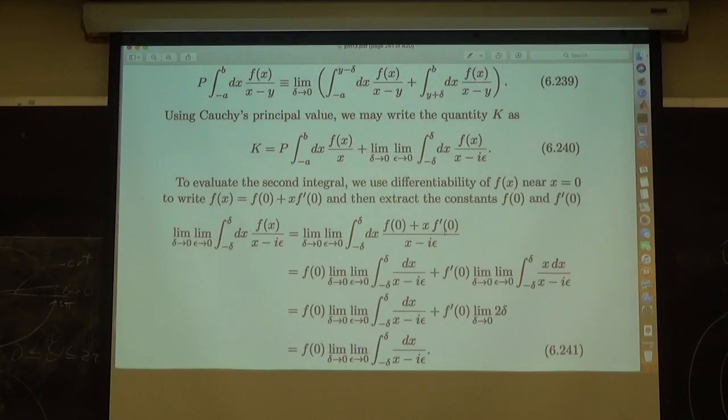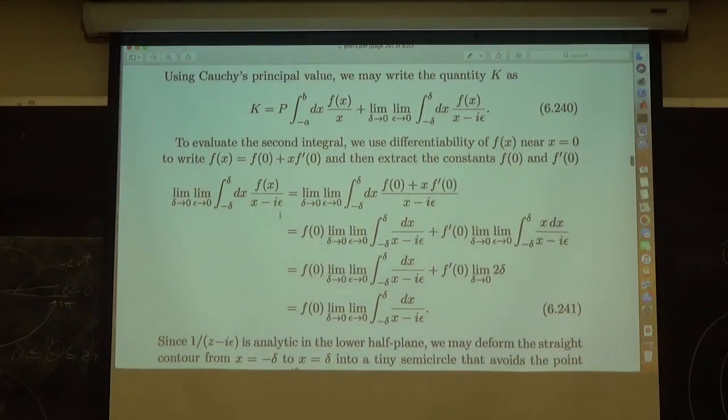And so we have these two expressions. In other words, we approximate f of x by f of 0 plus x f prime of 0. And that gives us two things. The f of 0 comes out, and we have this double limit of dx over x minus i epsilon.